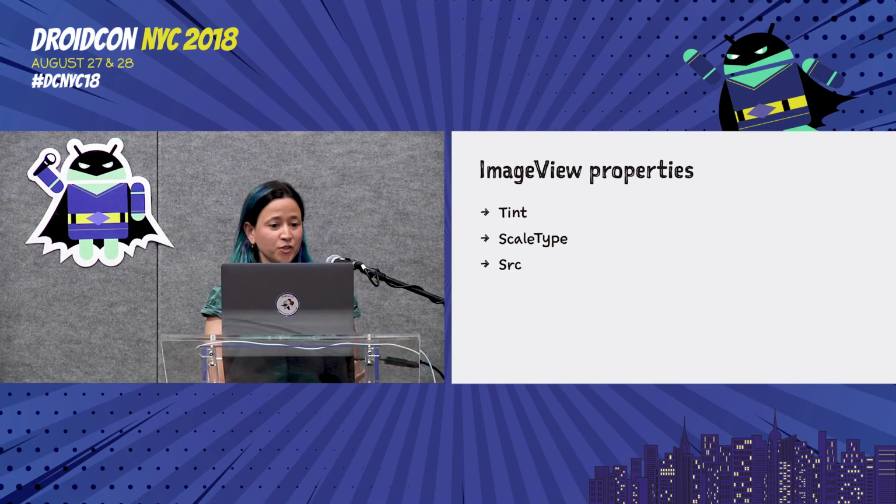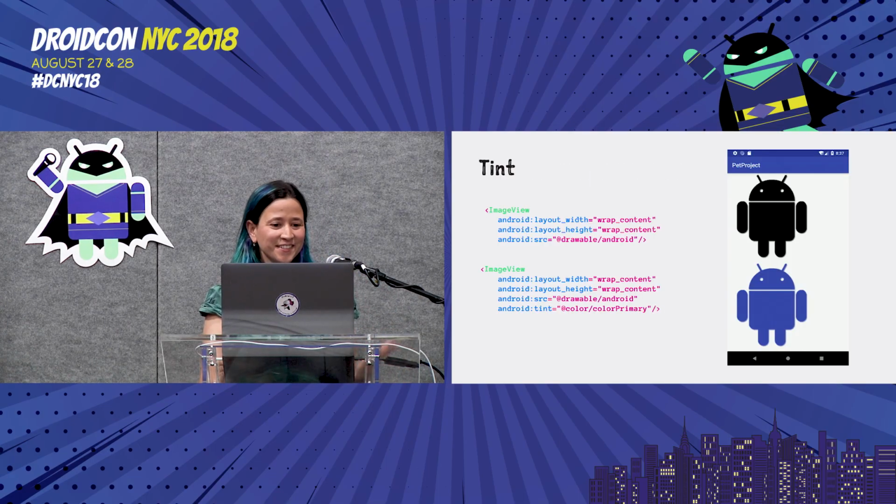And that's exactly what I'm saying here. Tint is very straightforward. I put an example here. The same drawable, apply the tint in the second view, and it changed the color of the image.